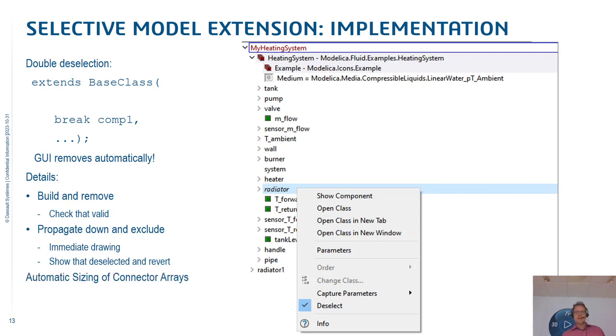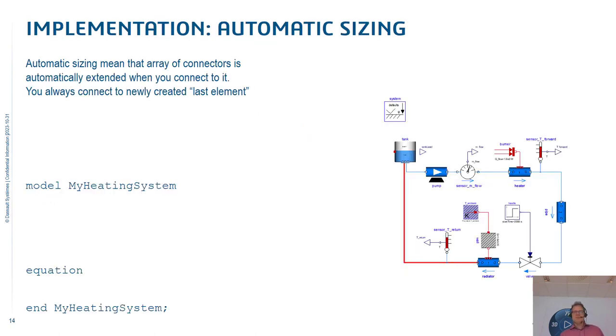Well, and then there was another thing discovered during implementation, and that is automatic sizing of connector arrays. And that will require a new slide. So go back to the previous example. There was one thing that wasn't mentioned here, and that is this connection to the tank, this red line here to the tank is an automatic sizing.